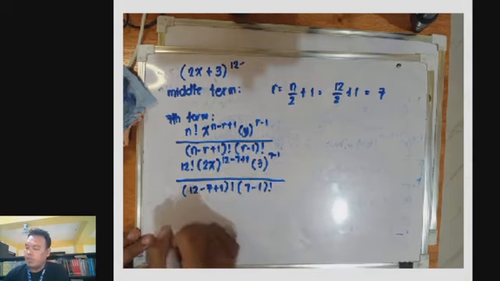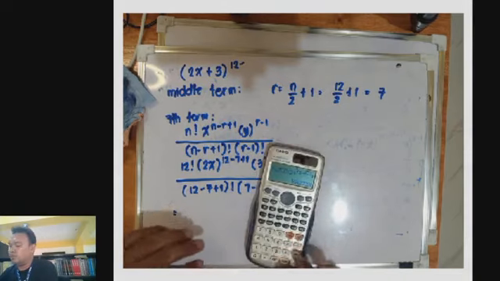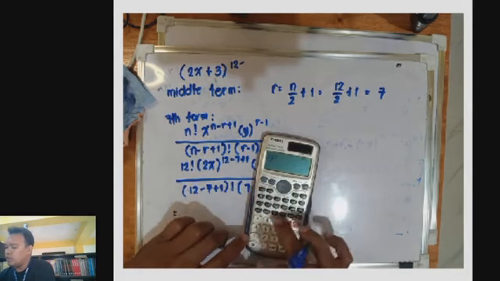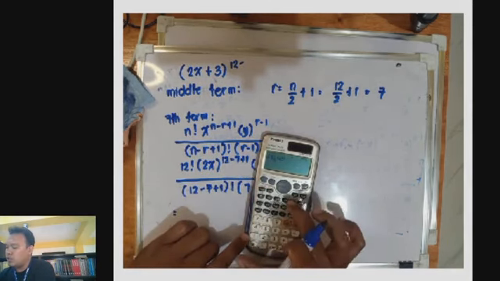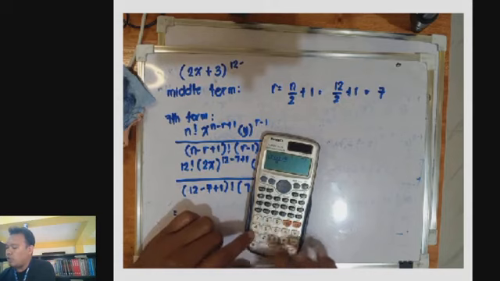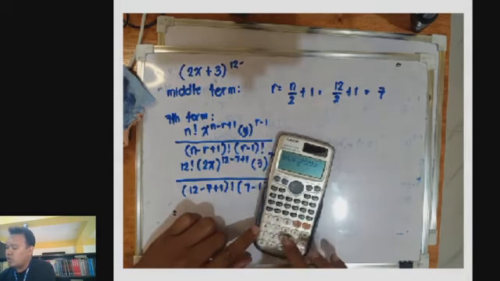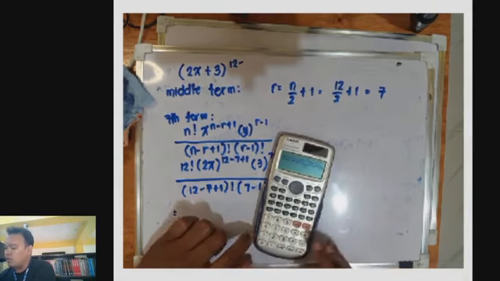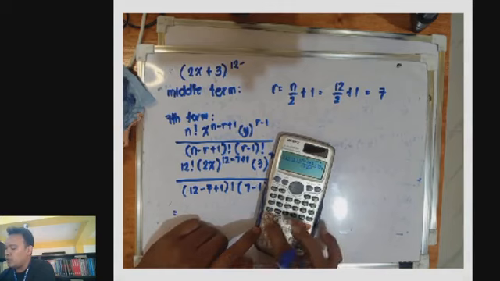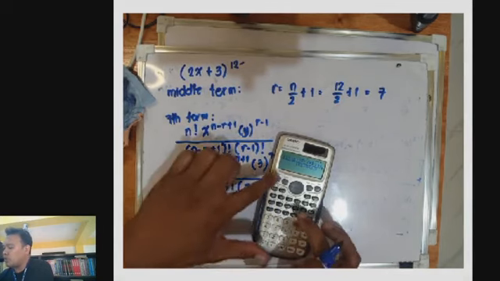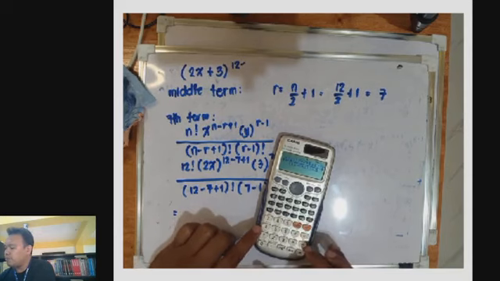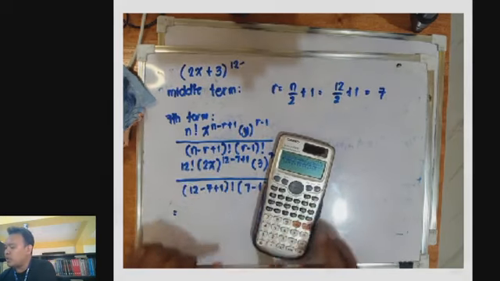No? Then, lagyan nyo lang sa calculator ulit. We have 12 factorial multiplied by 2 raised to 12 minus 7 plus 1 times 3 raised to 7 minus 1 all over 12 minus 7 plus 1 quantity factorial times 7 minus 1 quantity factorial.